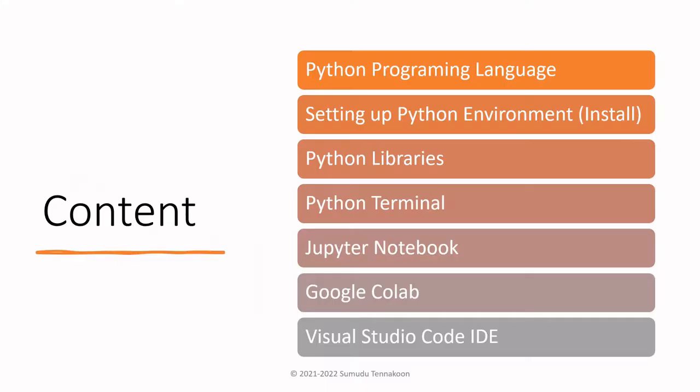In this lesson, we will be covering how to set up your Python programming environment locally, how you can set up your Python libraries, and how you can use the Python terminal and Jupyter Notebook on your local computer. That will cover the first part of this lesson.